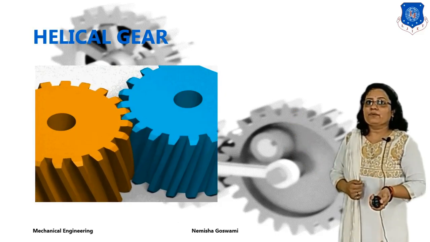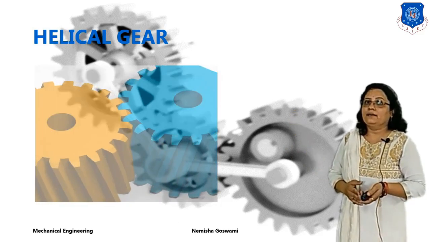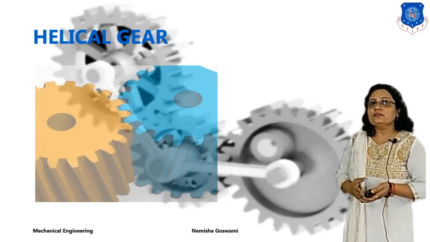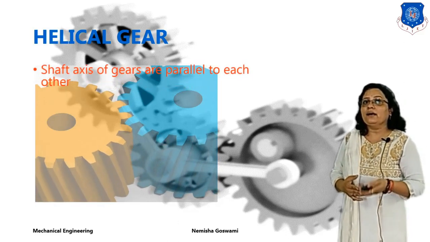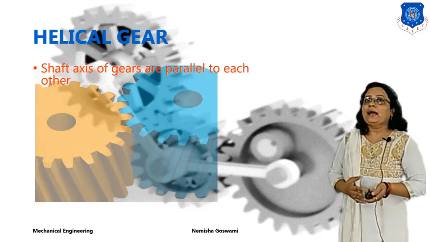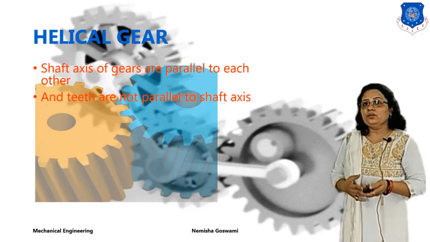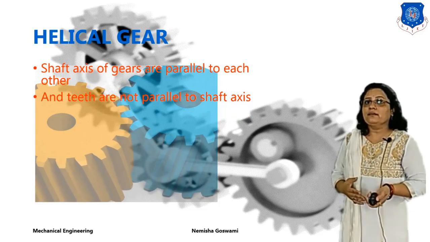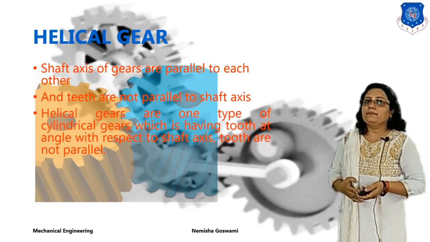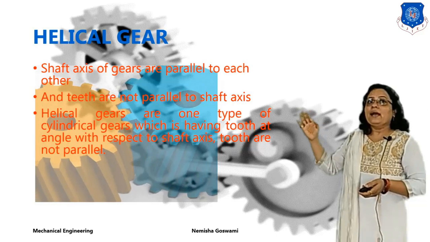This type of gear is known as a helical gear. Now where do we use helical gears? Helical gears are generally used in prime movers and gas turbines. These are the basic applications of the helical gear.